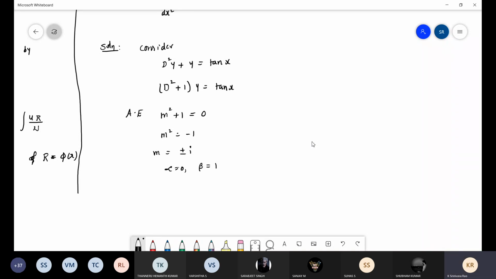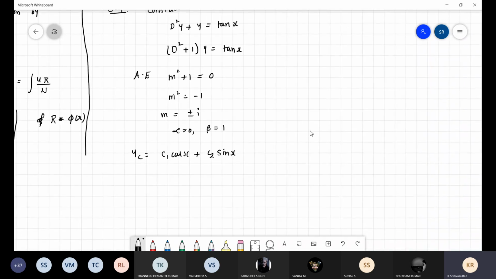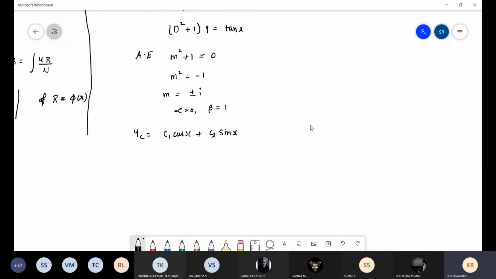So what is yc? e power 0x, and e power 0 is 1, so no need to write it. yc equals C1 cos x plus C2 sin x. So this first part is common. Throughout this module you will get yc, and if you calculate the roots and write yc, definitely you will get 2 marks. Each problem you will get 2 or 3, not less than that.